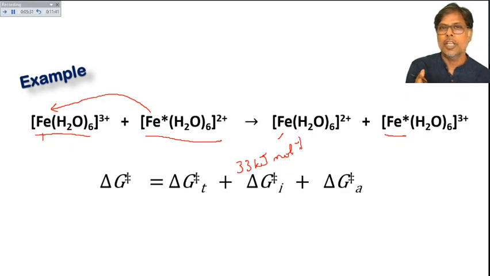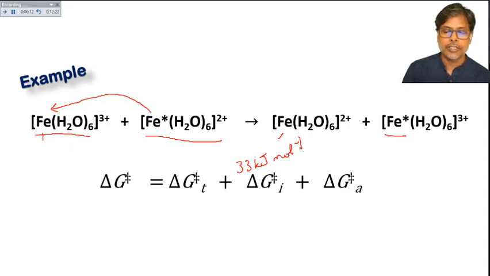So if the complexes are charged, for example, in this example, iron 3 has a 3+ charge on the complex, and the iron 2 complex has a 2+ charge on the complex. So they repel. In order to bring them closer, you need to overcome the Coulombic repulsions also. So the energy required to bring the reductant and the oxidant closer is the delta G double dagger T.